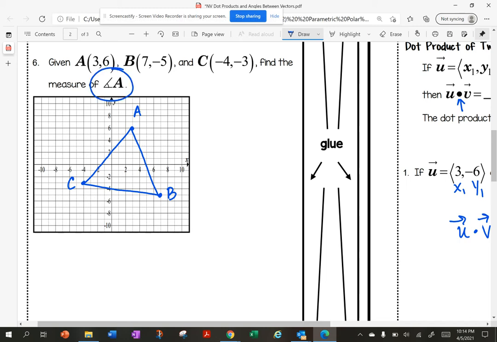Okay, so I'm trying to find the measure of angle A. So I'm going to set up and do this again both ways. I can do this a couple ways. I can do it a vector way or adding up 3 angles again.